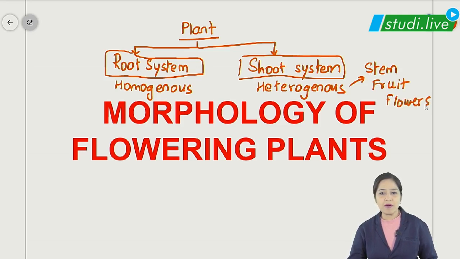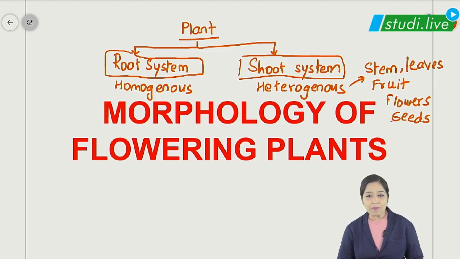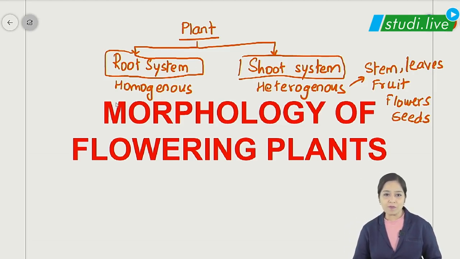So we have to study about the stem, leaves, fruits, flowers, seeds. In this chapter we are going to study all these topics.